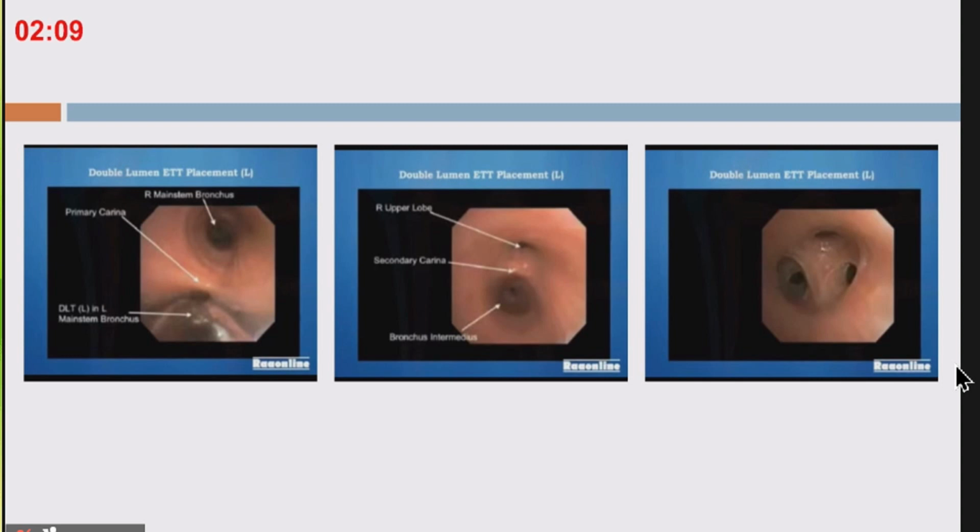And what we see with our fiber optic is the right upper lobe. A lot of times people make the mistake of thinking the secondary carina is the actual carina. To further look at that, you try to advance your fiber optic into the right upper lobe, and that's what you should see. You should see those three other bronchus.